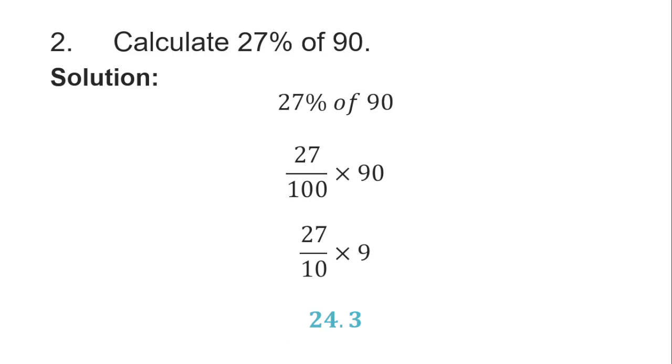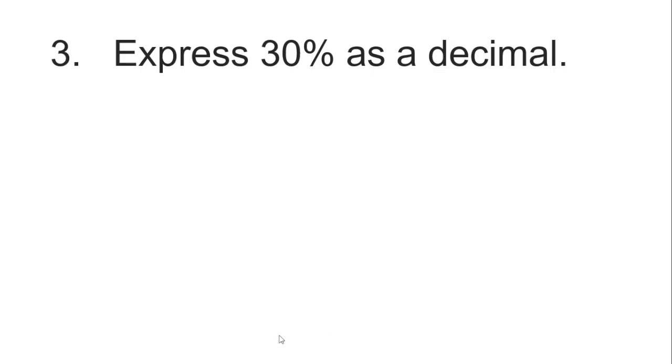Okay, so next, let's express 30% as a decimal. You can make a percentage into a fractional form, and with that fractional form you can turn it into a decimal. So they are related. Here's the solution.